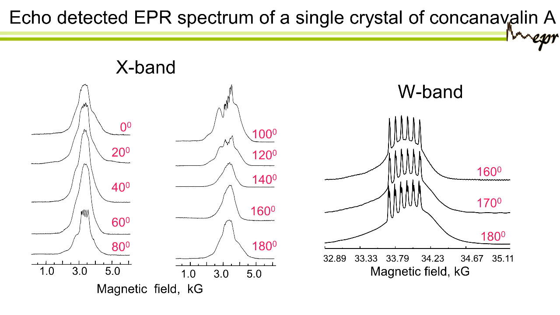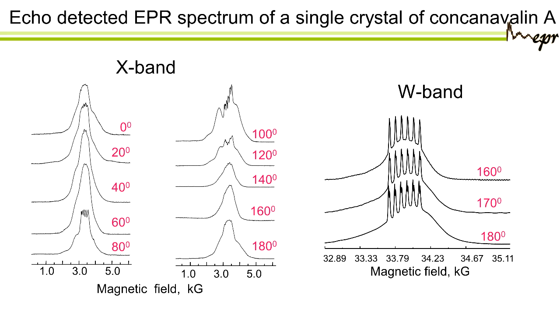There's a distribution of D, so it's not very well resolved. But if you look at the center 6 lines, they are very resolved, and you see that as you change the angle, once you see one set, then you see two sets. This is because you have two manganese per unit cell, so you have two that have different transitions.